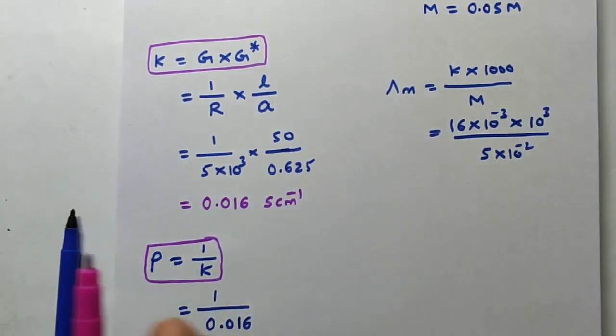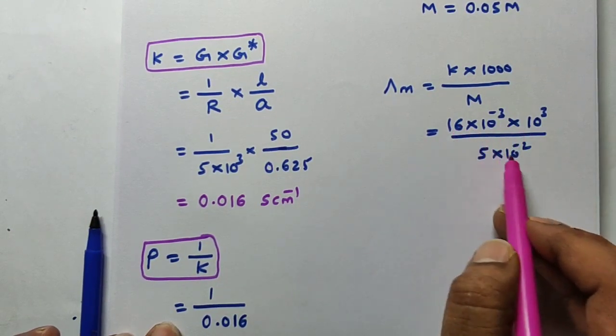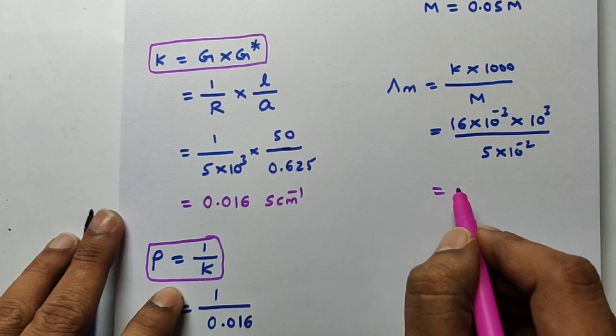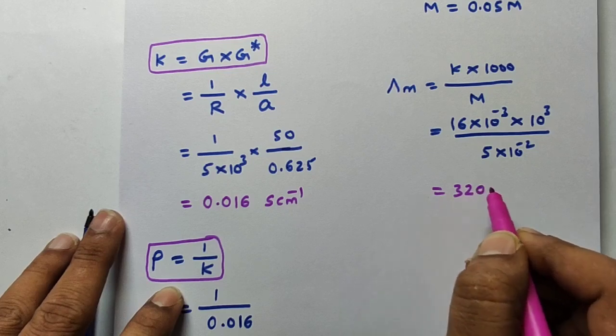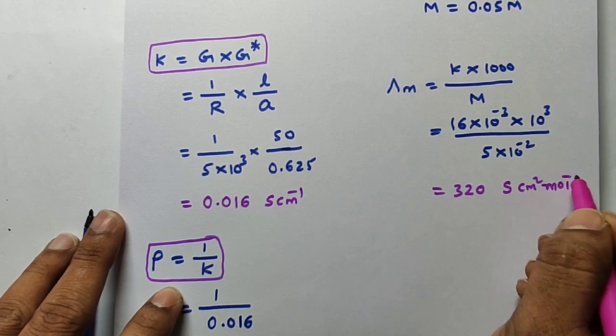The 10 power minus 3 and 10 power plus 3 cancel, and with further calculation we get the answer 320. The units are Siemens centimeter square mole inverse.